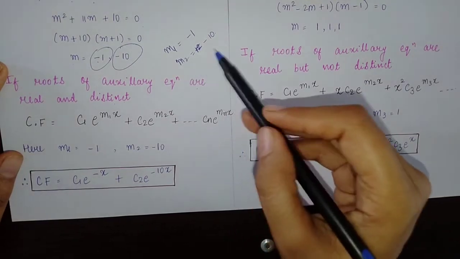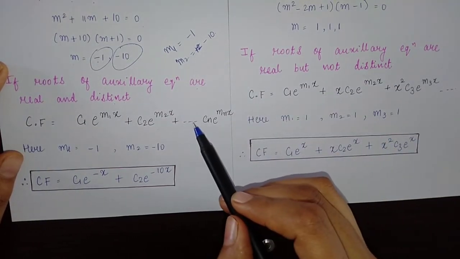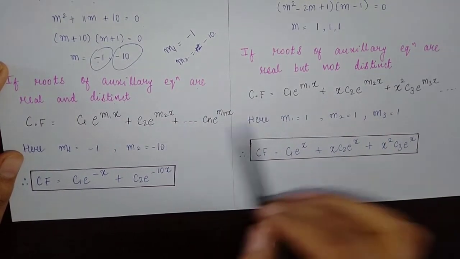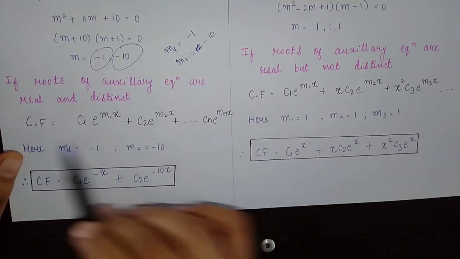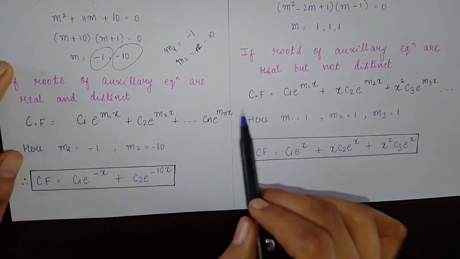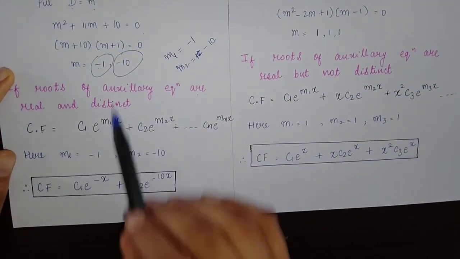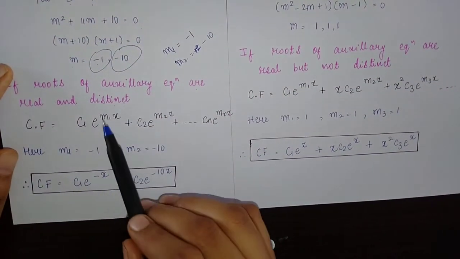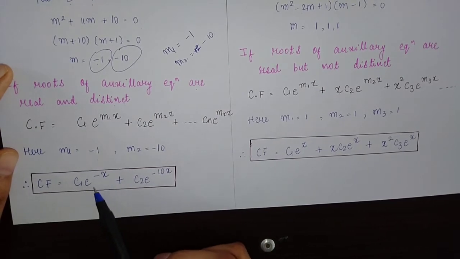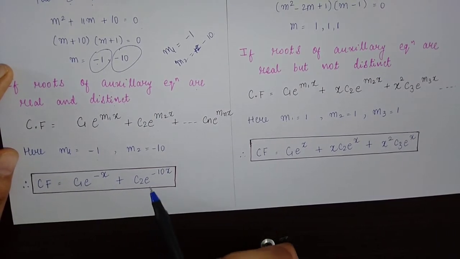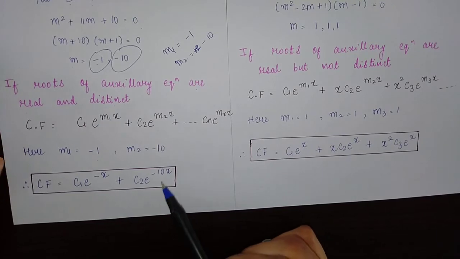If you have m3, then again you can write C3 e raised to m3x and so on. That will be the final complementary function for any such equation. So what we will get here? C1 e raised to minus x plus C2 e raised to minus 10x.